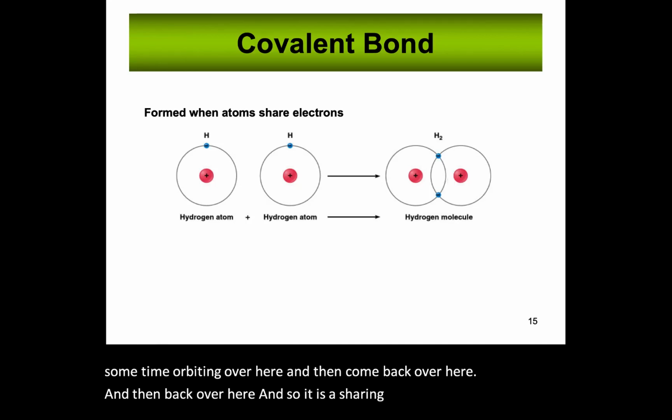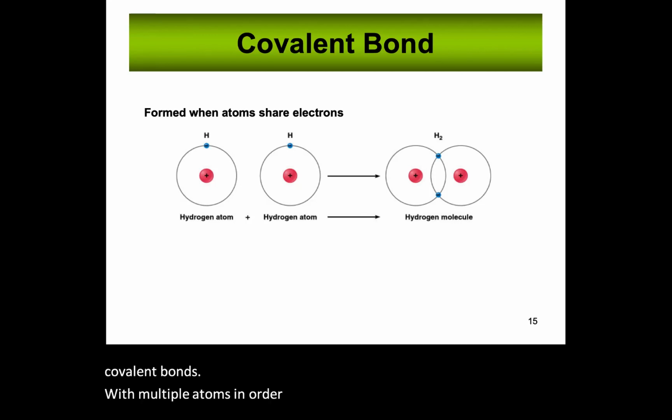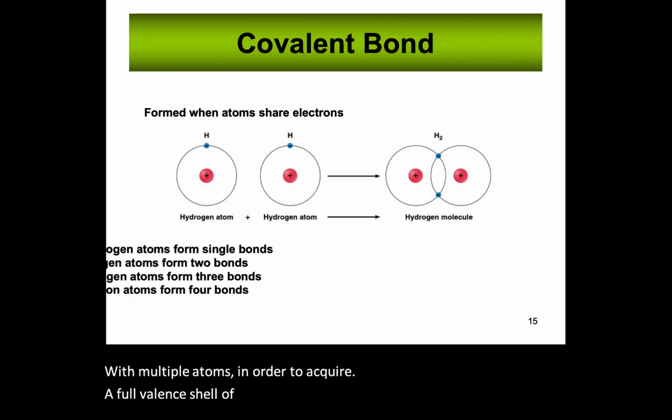Now, depending on the element, sometimes that element has to form multiple covalent bonds with multiple atoms in order to acquire a full valence shell of all participants. What do I mean by that?